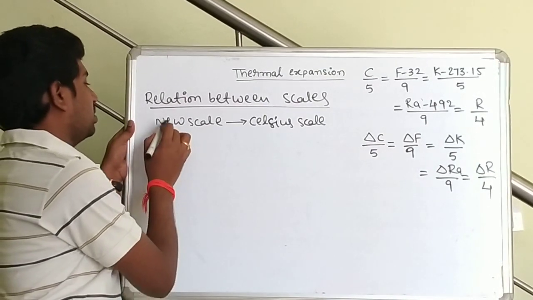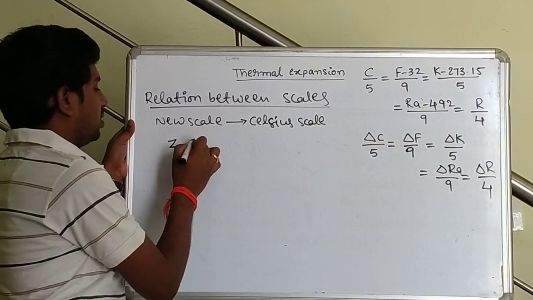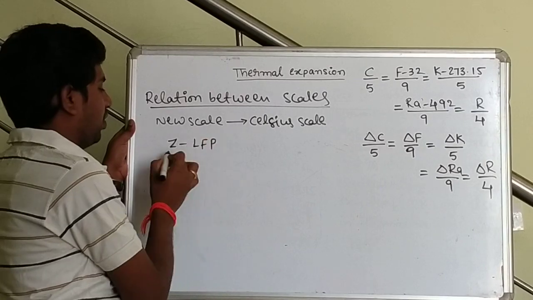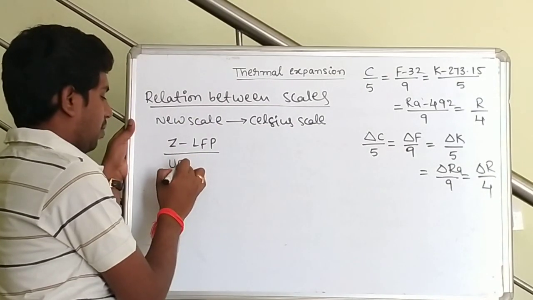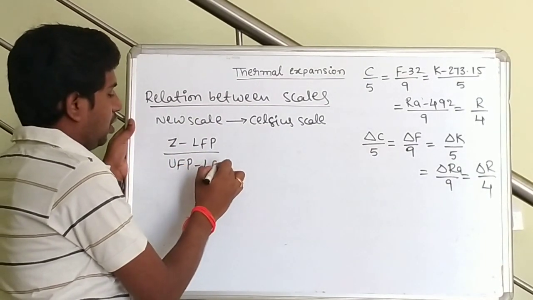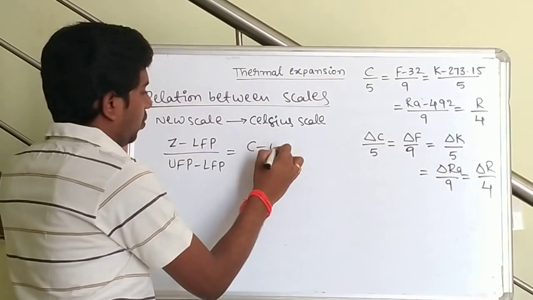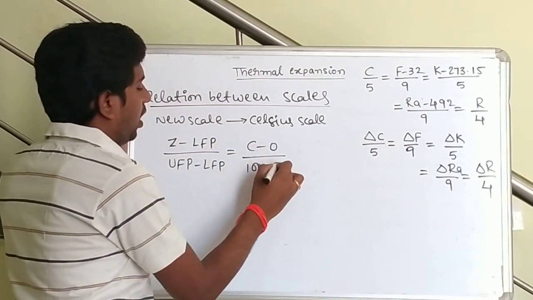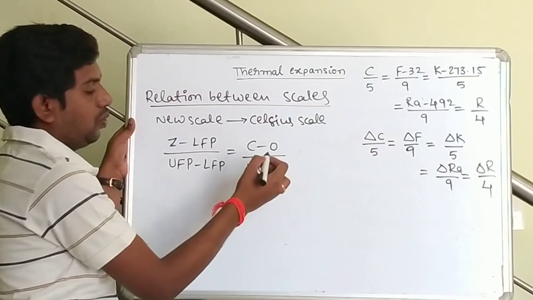The formula is Z minus its lower fixed point by upper fixed point minus lower fixed point is equal to C minus 0 by 100 minus 0.